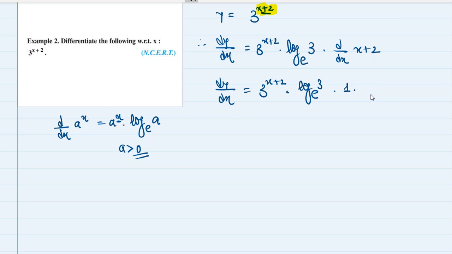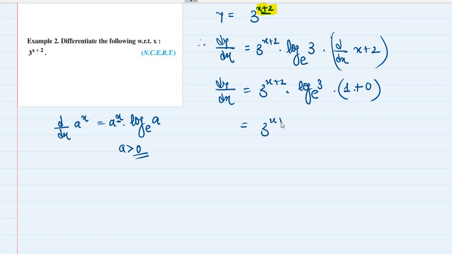Okay, so this will be inside a bracket. You can put a bracket over here or over here. So this will be d by dx of x, that is 1, and d by dx of 2, which is 0.